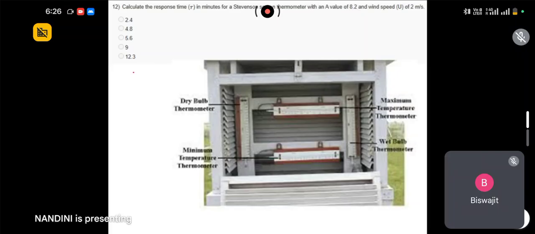So here the question is calculate. It has proper ventilation, so wind will pass through it actually. Calculate the response time in minutes for a Stevenson screen thermometer with an A value of 8.2 and wind speed U of 2 meter per second. So the response time tau is, A is basically a constant. A by U is the equation.